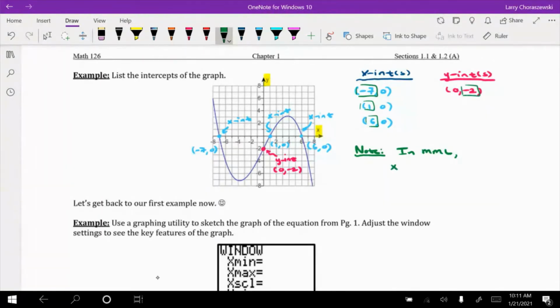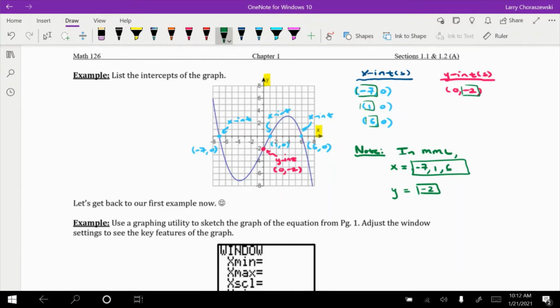So they might have x equals set up with a little blank box, and they might just have you type in -7, 1, 6. And for a y-intercept, it might be set up the same way, where you just type in -2. So both are valid ways of indicating intercepts.